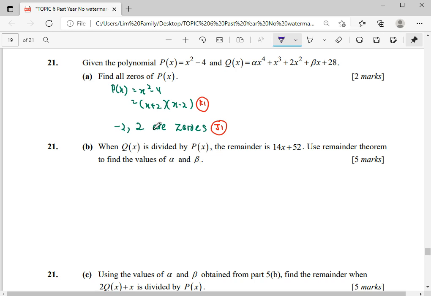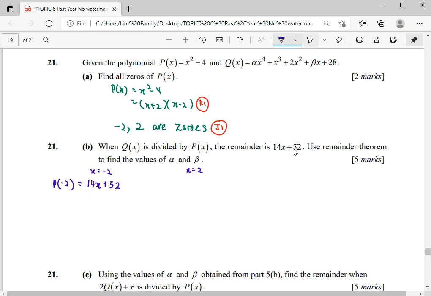Px here has two zeros. We have two values of x, where x equals negative 2 and another x equals 2. This is our divisor px, which is quadratic, so we have two values. When qx is divided by px, we get a remainder. So when I substitute negative 2, I get remainder 14x plus 52.